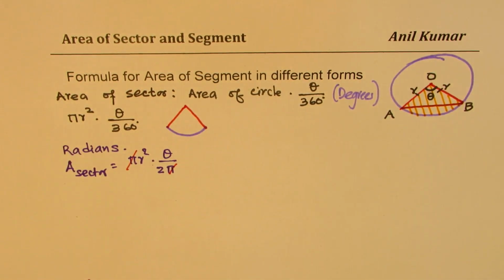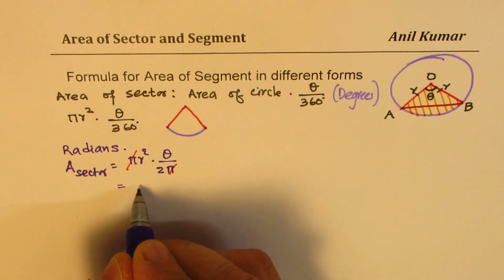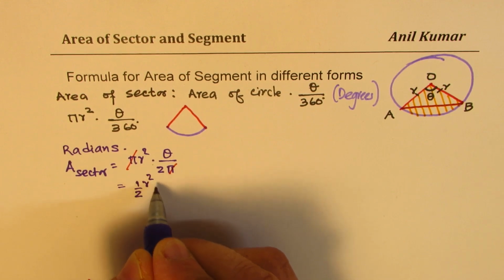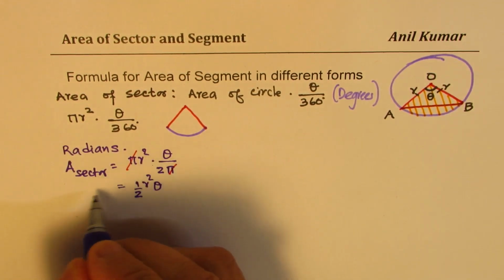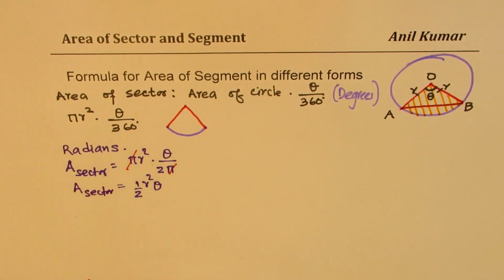So what you get really is half of r squared theta. Do you see that? So it is a very simple formula to remember. Or you can say r square theta by 2, correct? So that is how you find area of sector.